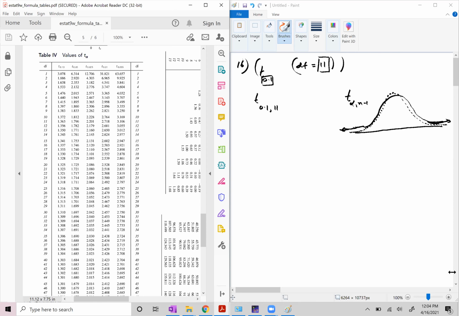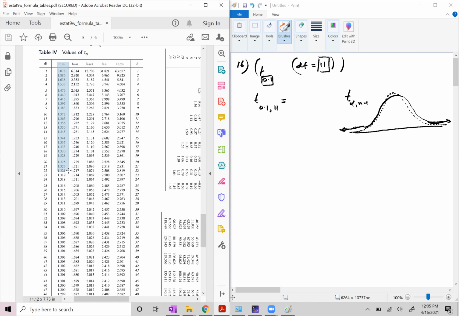Now, in this case you are looking for t.1 comma 11. t.1 is this column. Where should you stop? The degrees of freedom help you there. We need the degrees of freedom to be 11. So t.1 is this column, and we need t.1 at degrees of freedom 11.